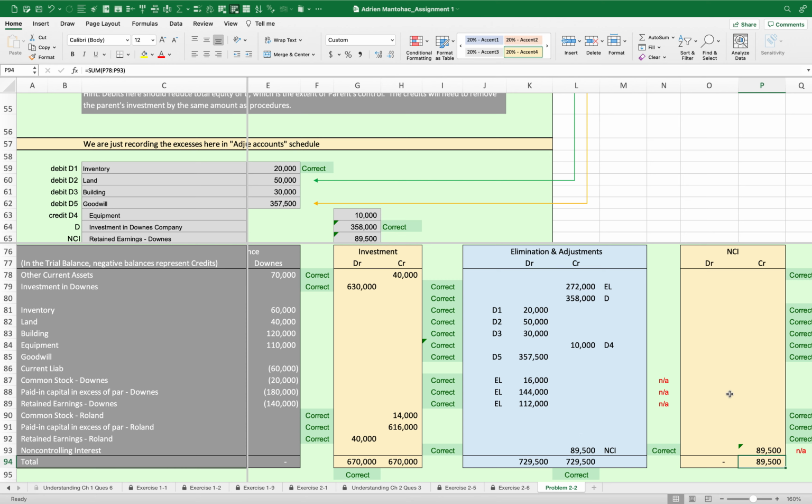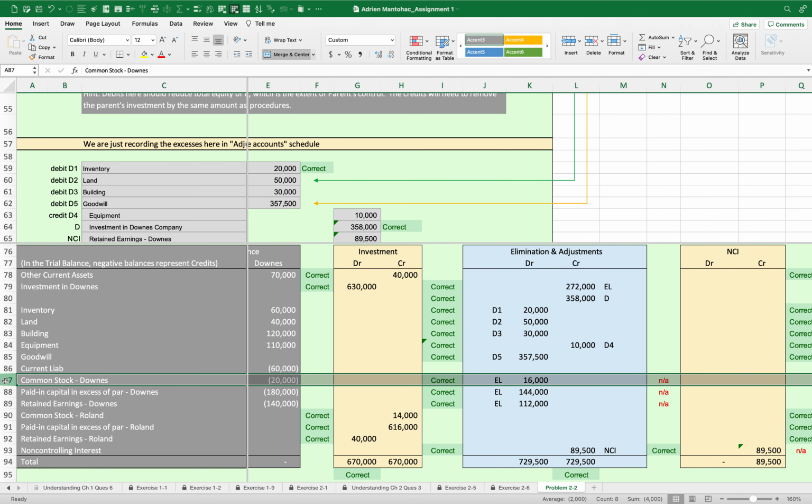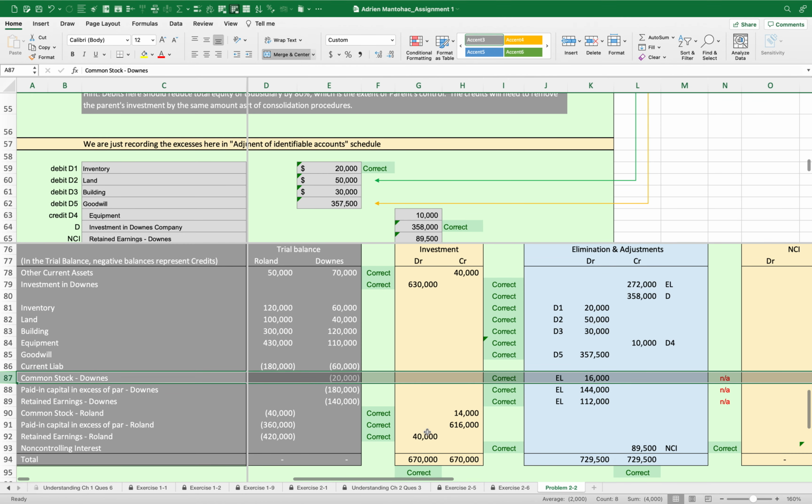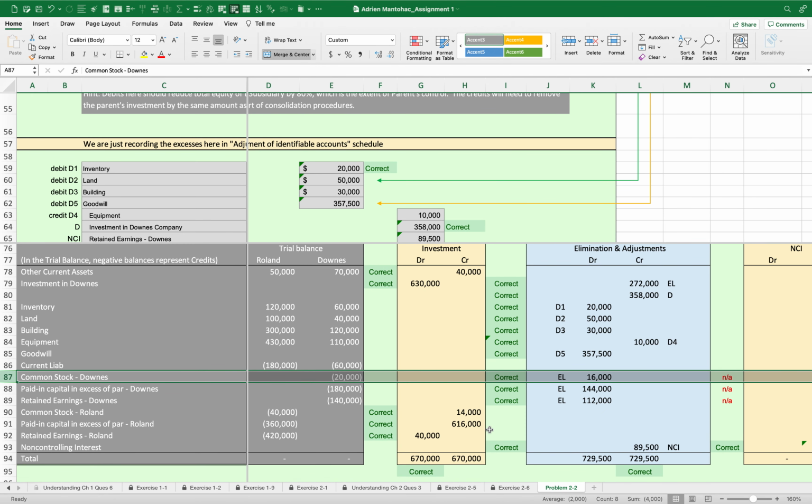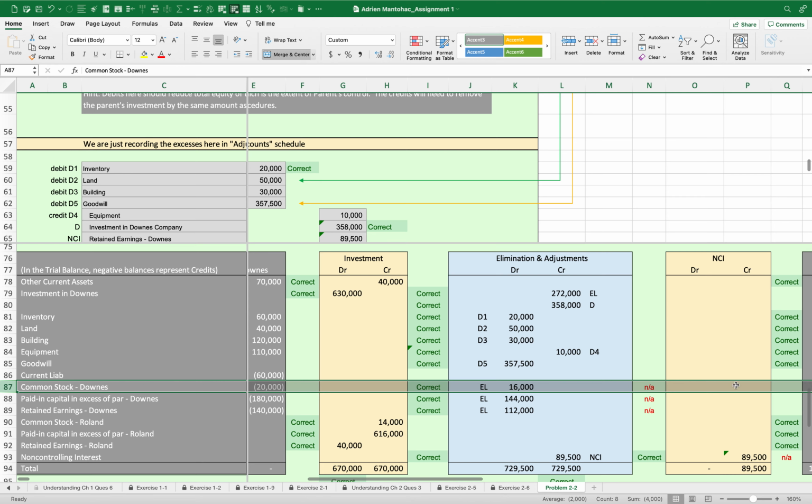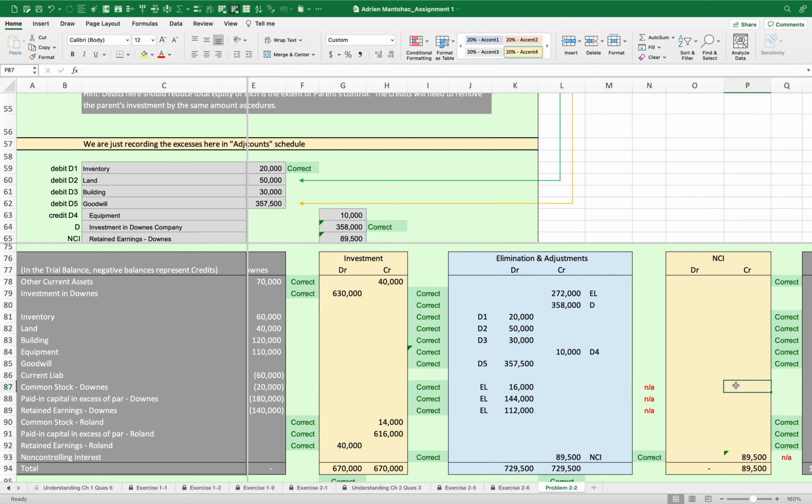The remainder of this column has to do with the balances. In other words, when we debited the common stock for the subsidiary, there was already a balance for the subsidiary of 20,000. So if you had 20,000 in credits as far as common stock is concerned for the subsidiary and you got rid of 16,000 of it, you really have a credit balance of 4,000, right?